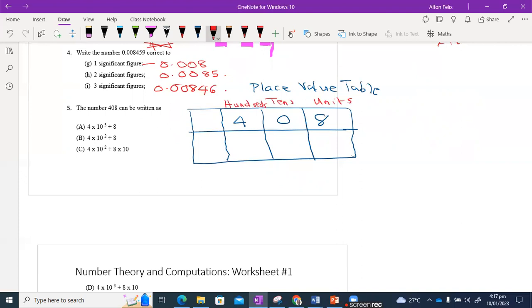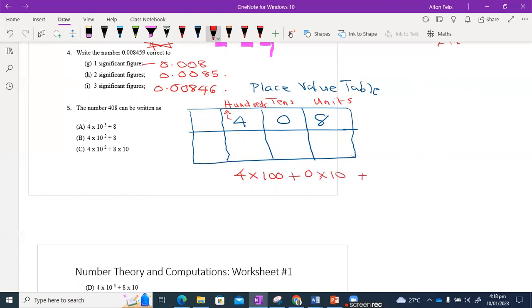Right. Now, a couple of things I like to tell my students. This will be 4 by 100, so the value of that 4 is really 400, right? We've seen it right here. It's 400 plus 0 tens. You could still write it as 0 by 10.